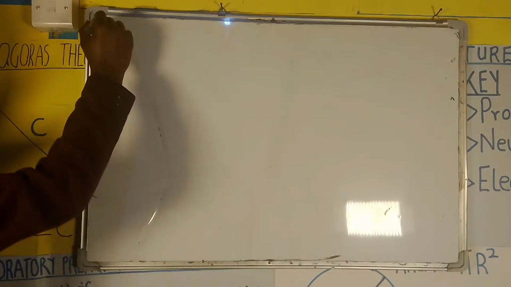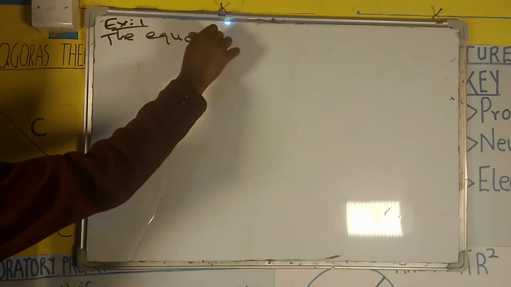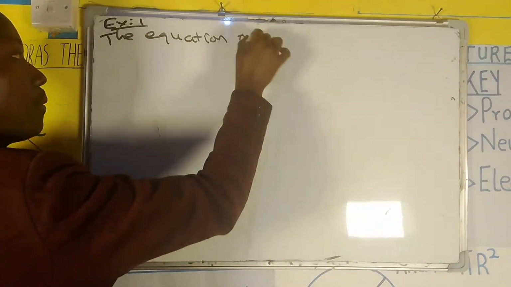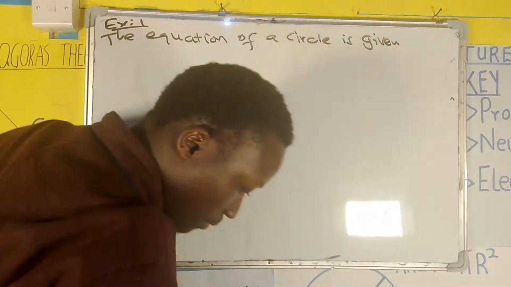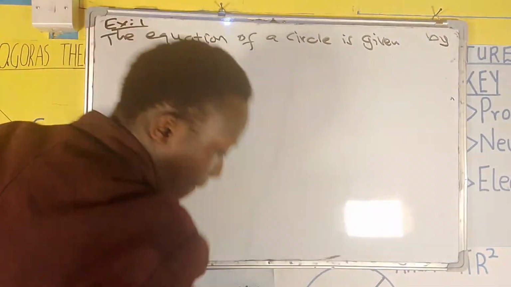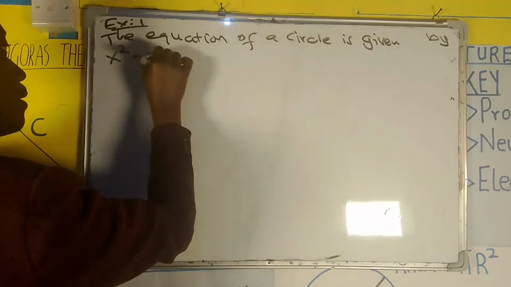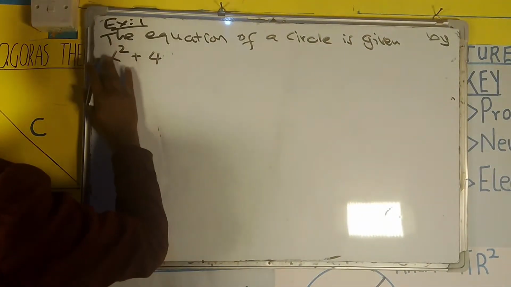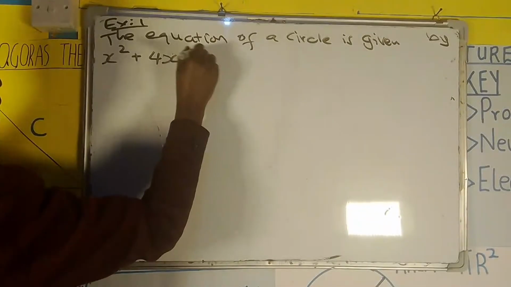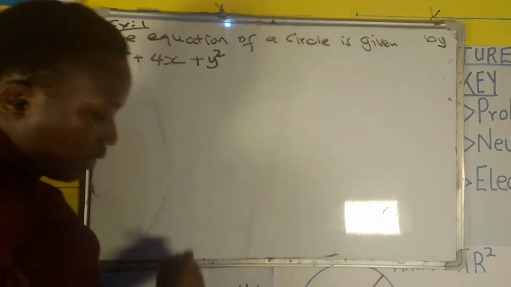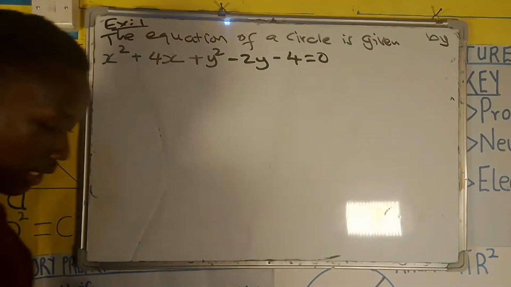The equation of the circle, we have an example here. The equation of a circle is given by x squared plus 4x plus y squared minus 2y minus 4 is equal to 0.